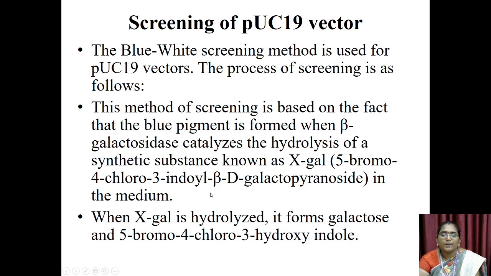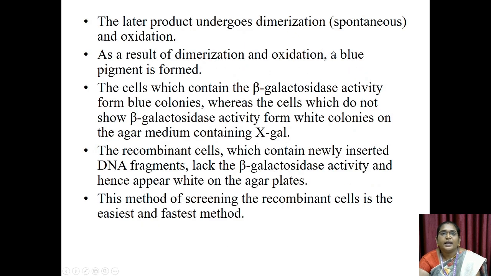beta-D-galactopyranoside in the medium. When X-gal is hydrolyzed, it forms galactose and 5-bromo-4-chloro-3-hydroxyindole. The latter product undergoes dimerization and oxidation. As a result of dimerization and oxidation, a blue pigment is formed.